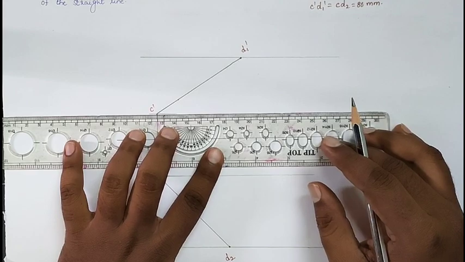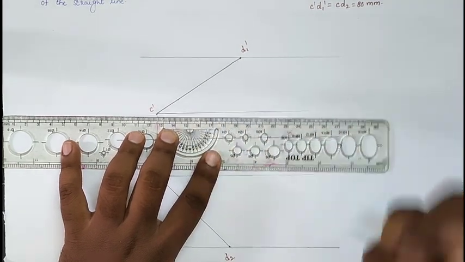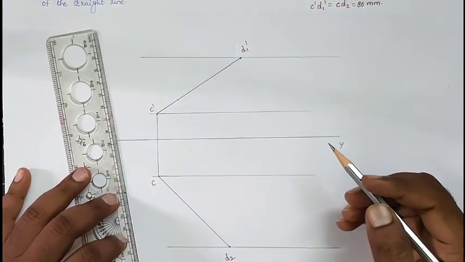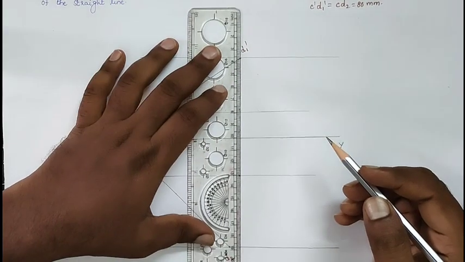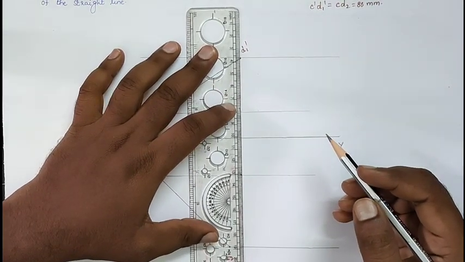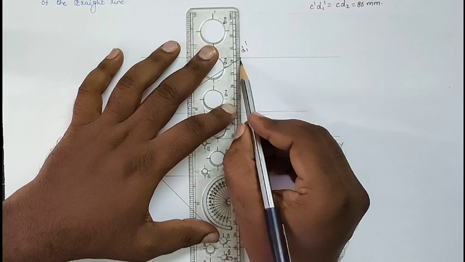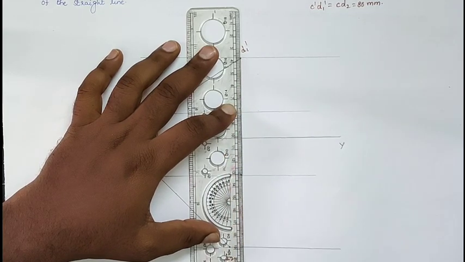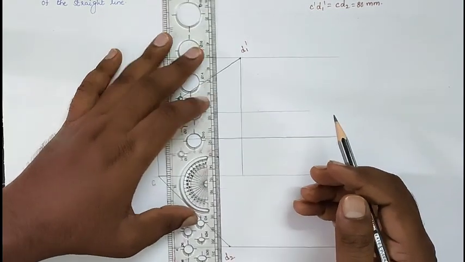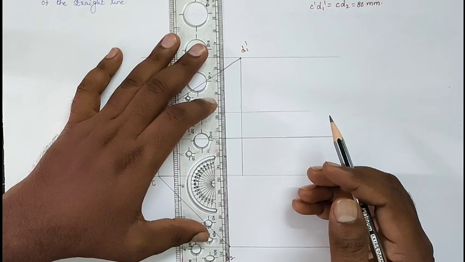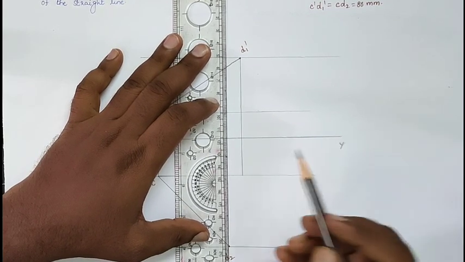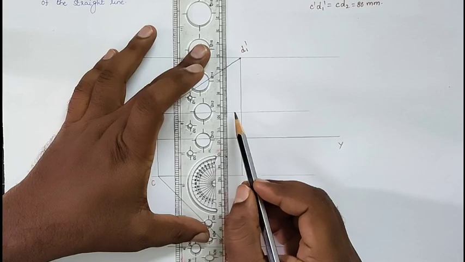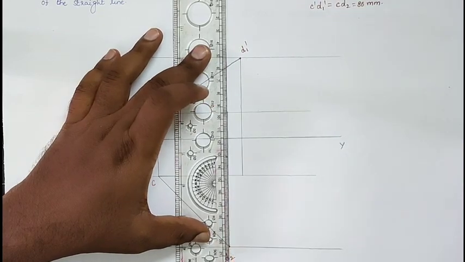From point C1 dash also we will draw the horizontal projection line. Now from D1 dash, draw the vertical projection line. Similarly from D2, draw the vertical projection line in upward direction up to C dash horizontal line.